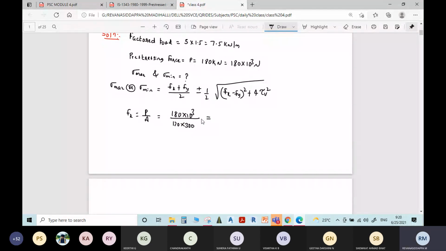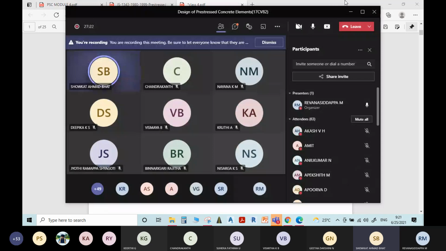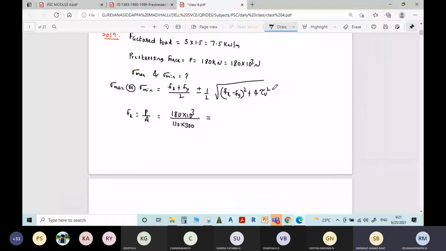How much will you get for Fx? Tell me the answer. Five. Yes, 5 Newton per mm square.